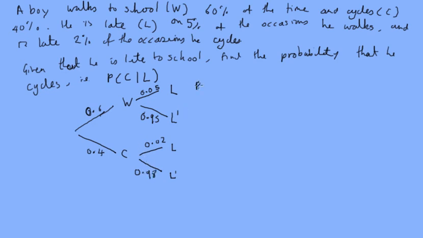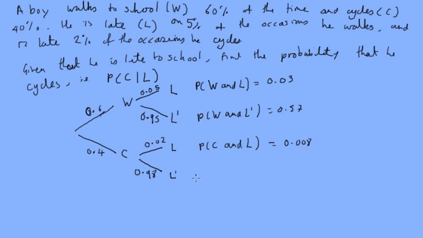So we've got here the probability of walking and late. It's going to be 0.03. Probability of walking and not late is 0.57. Probability of cycling and late is 0.008. Probability of cycling and not late is 0.392.